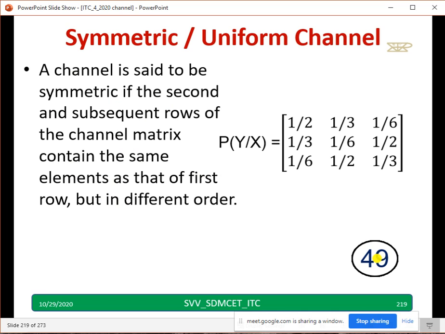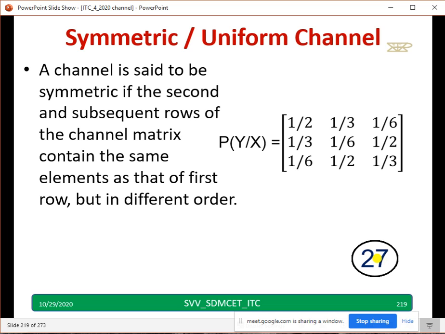But ensure that every row has the same set of probabilities, and when you add them, it should be 1. Don't take probabilities randomly.